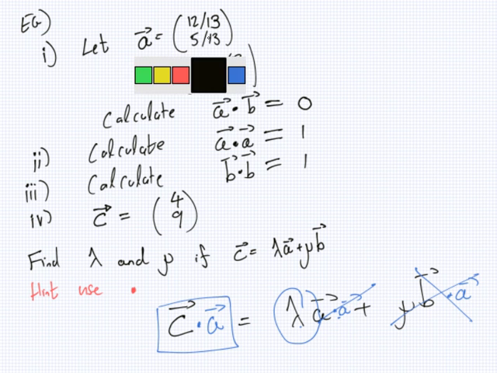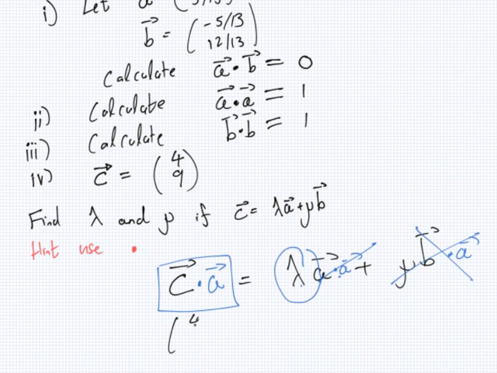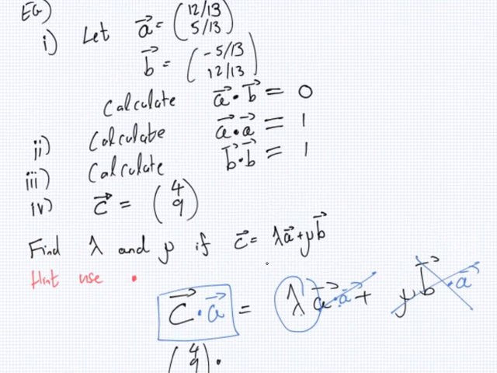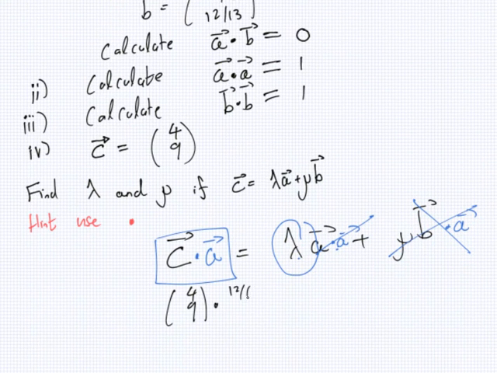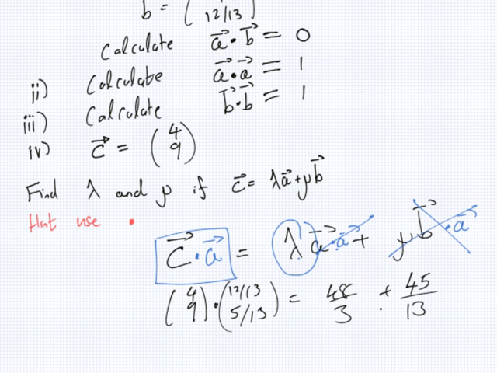Did you do it like this one? So, 49 dot 12, 13, 5, 13, whatever that is. So that's 48 over 13 plus 45 over 13. And what's that?